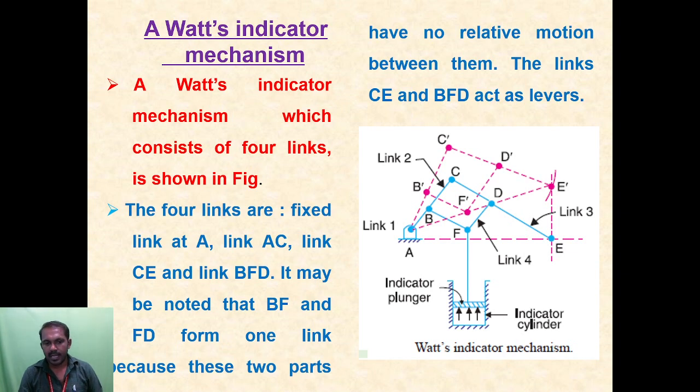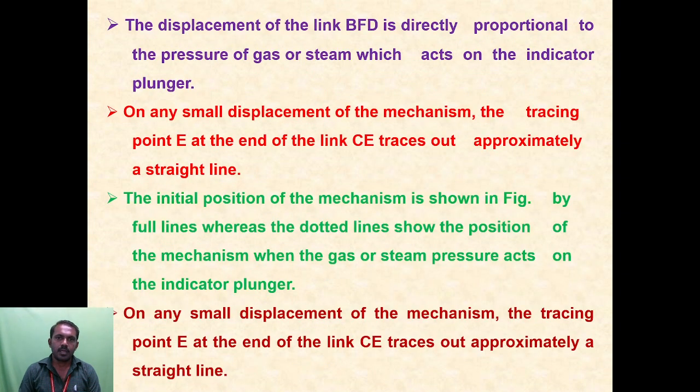PF and FD form one link because it is a ternary joint with 2 parts, so there is no relative motion between them. The displacement of the link BFD is directly proportional to the pressure of gas or steam which acts on the indicator plunger.